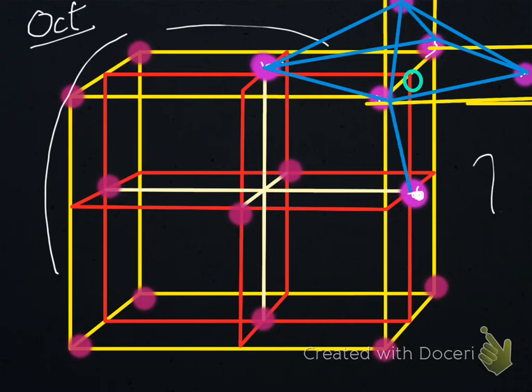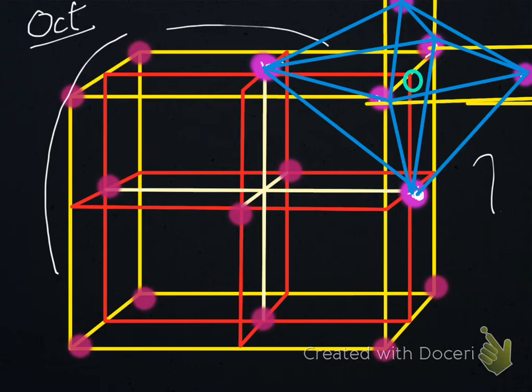In the same way from here. So that edge center is also an octahedral void, since each edge center is surrounded by 6 particles, which develops an octahedral void.